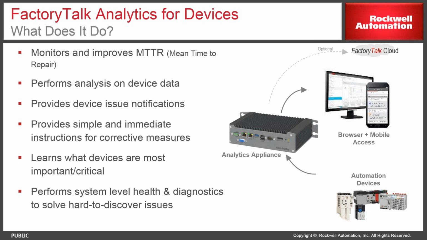FactoryTalk Analytics software is that window into the data, the plant or the process, providing visibility through a computer or mobile device. Upon power up, the analytics appliance starts to look for devices on the local network. The user can specify what IP addresses to monitor and what parameters to watch.